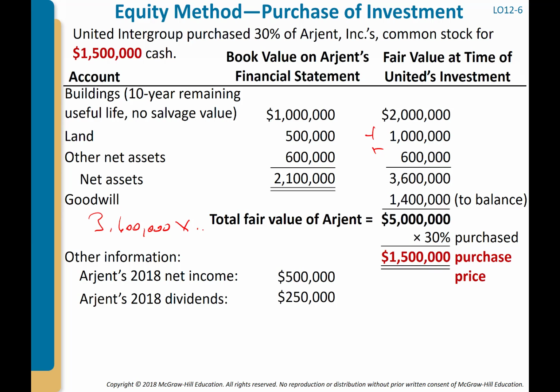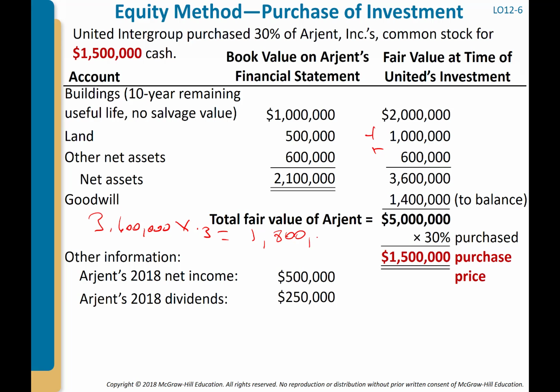times 0.3 is how much? 1,200,000? What is it? 1,800,000? Calculators? Anybody got a calculator? 1,800,000?